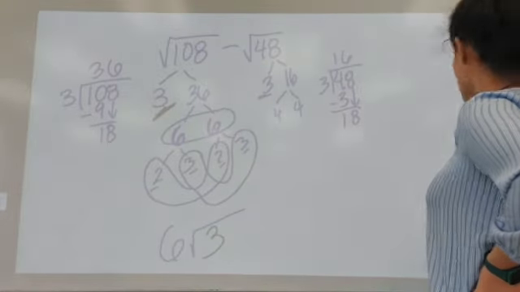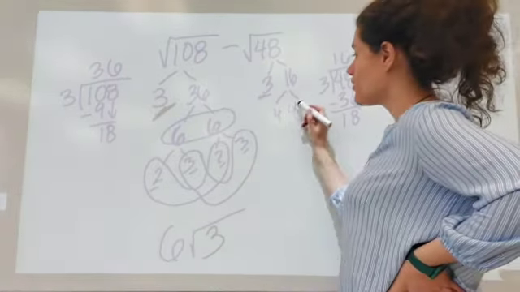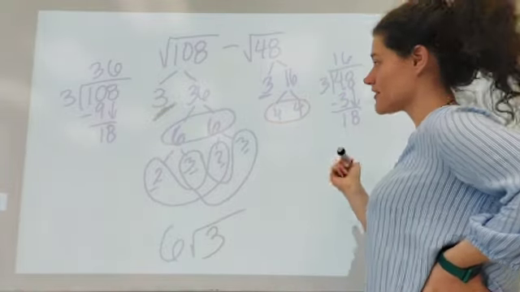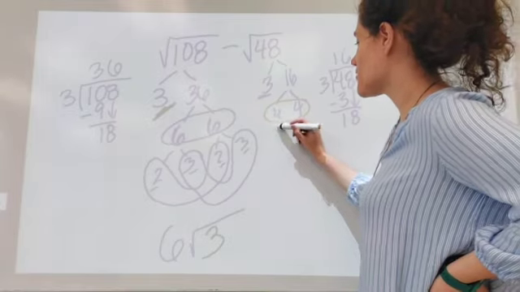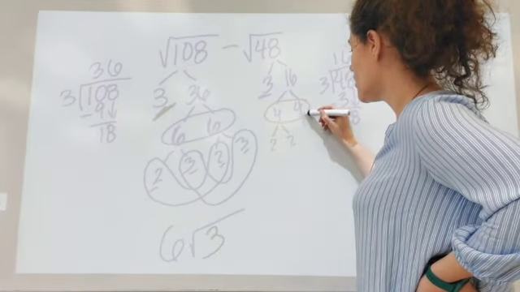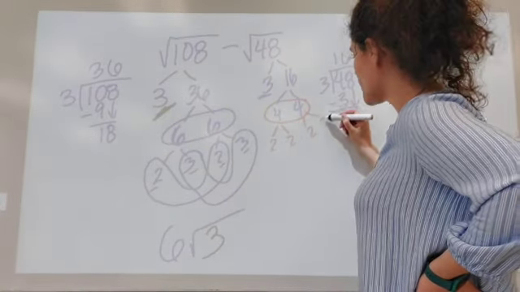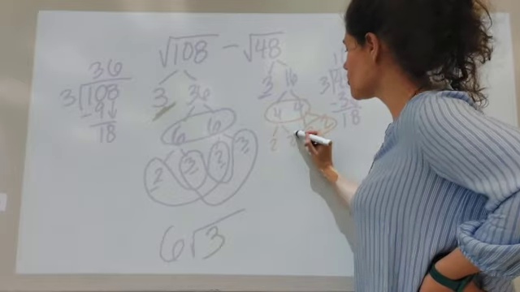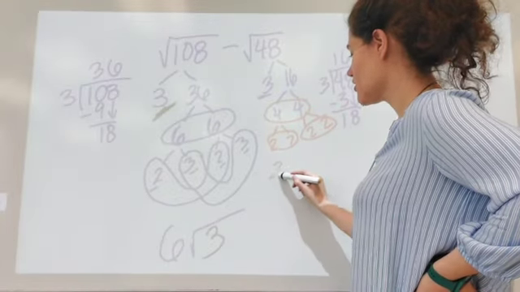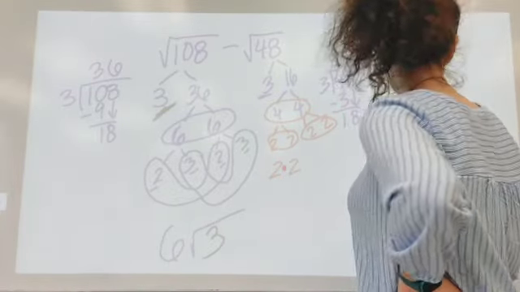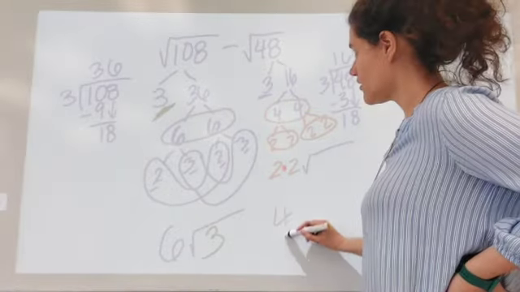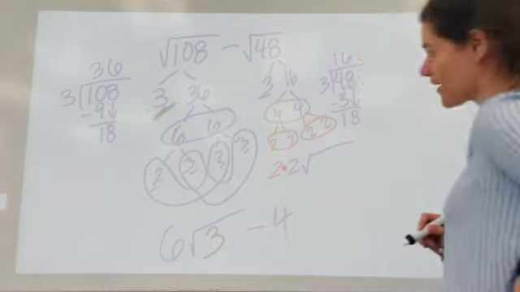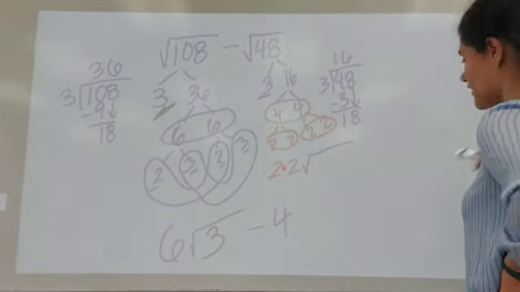So again, this is the same thing where you could just stop here because you do have a pair of 4s, or you can find your 2 groups of 2 and have 2 times 2 on the outside, which is going to give you the 4 anyway. So either way, you could do that.